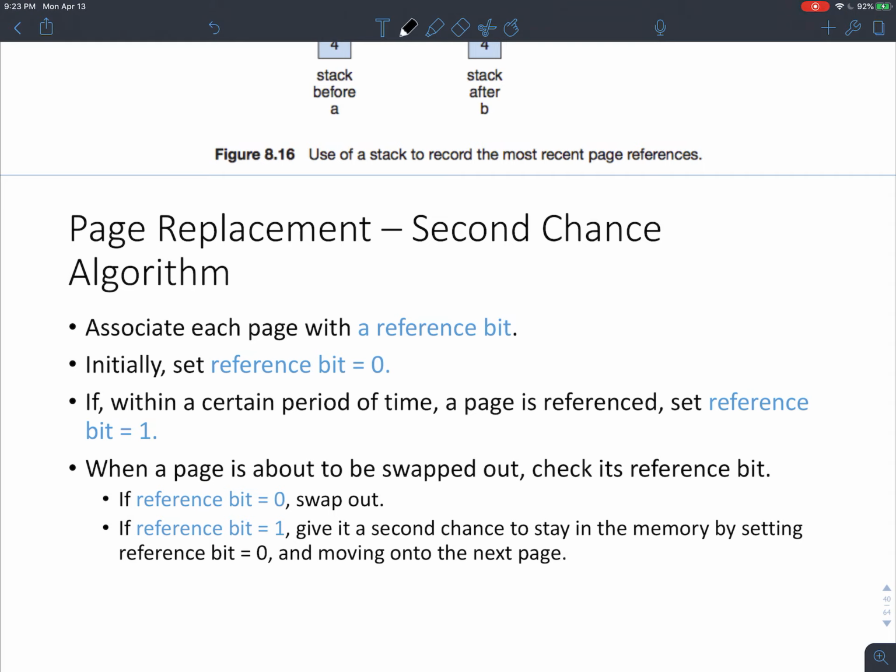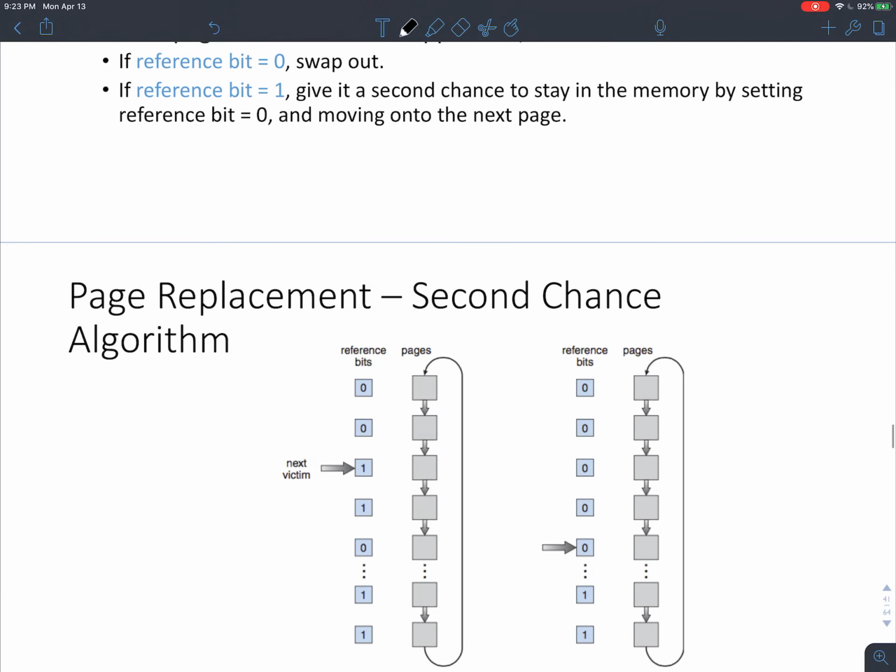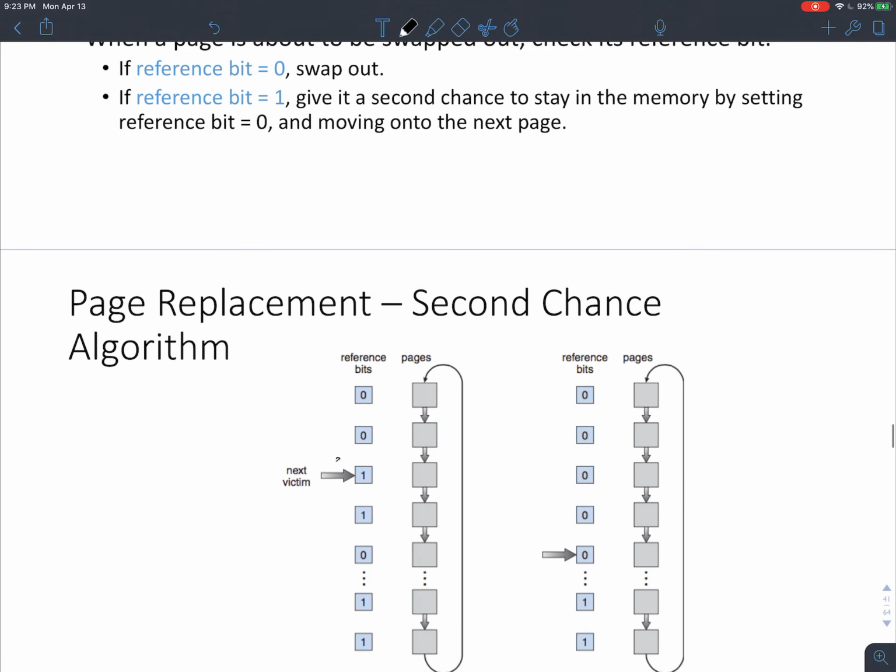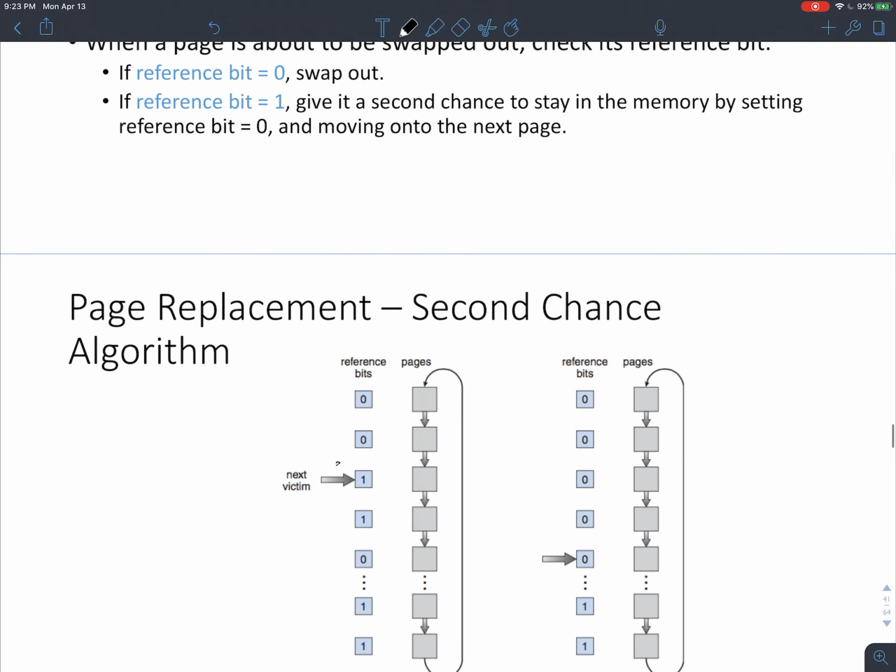When we need to kick a page out, we need to decide which page we should kick out. What we do is basically in this way. If we look at a page whose reference bit is 0, we just kick it out.